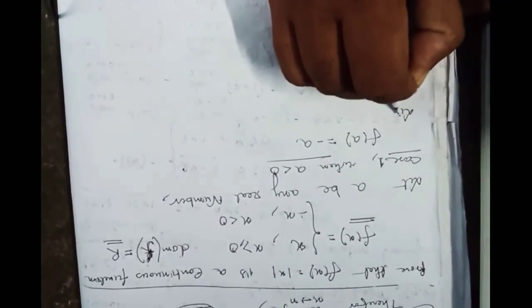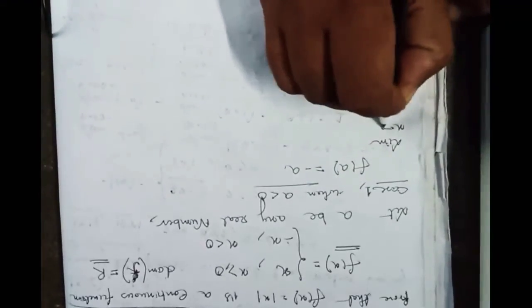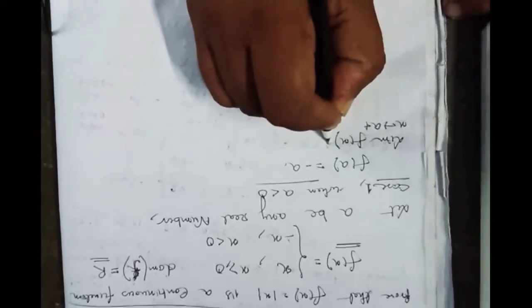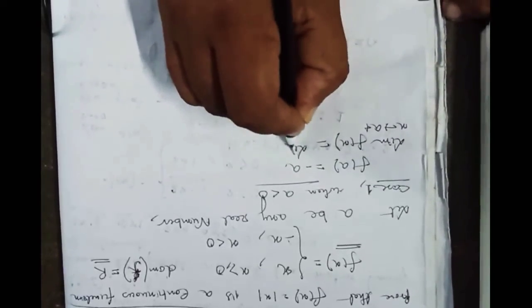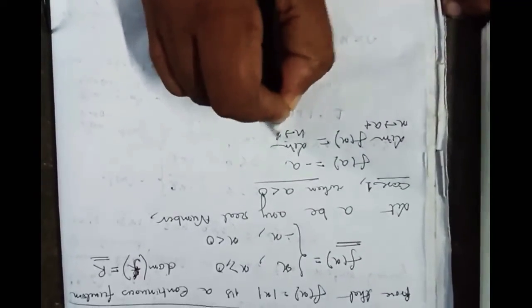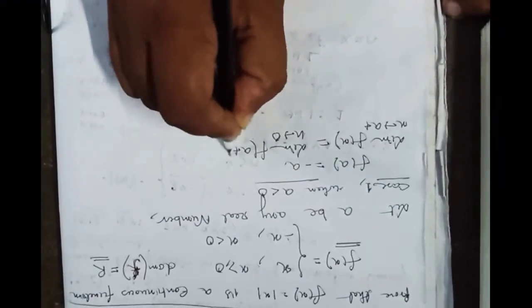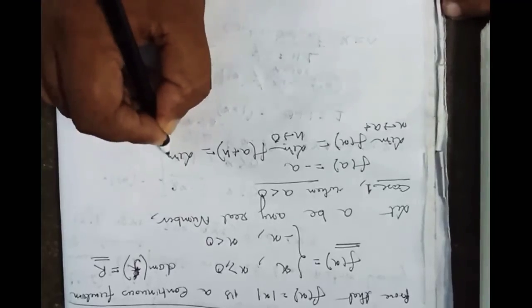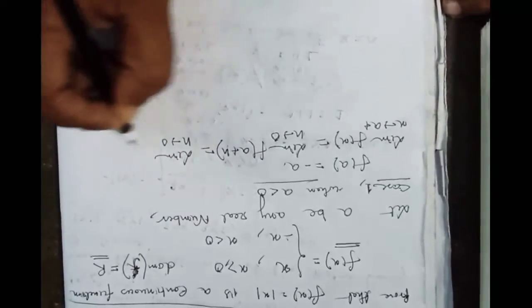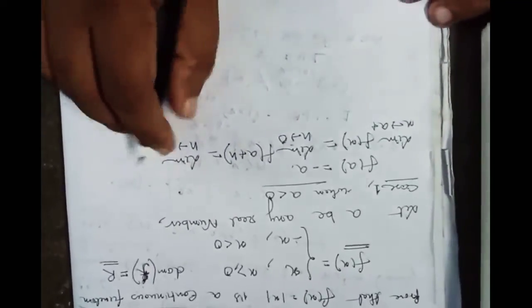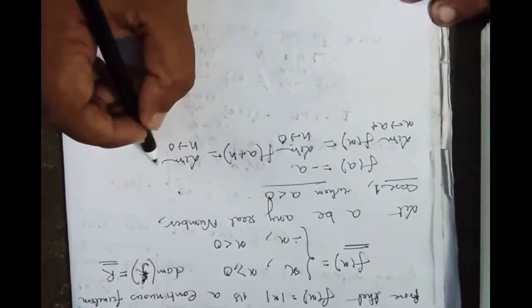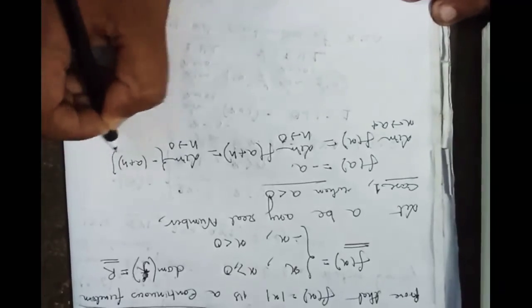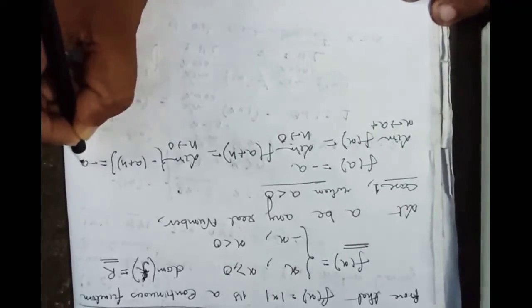Now limit x tends to a plus f(x) equals limit h tends to 0 f of a plus h, that equals limit h tends to 0 minus of a plus h, that equals minus a.